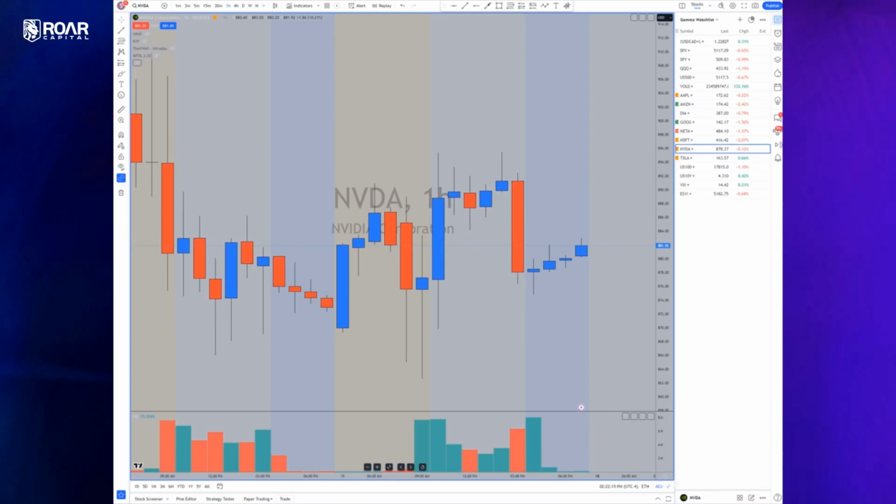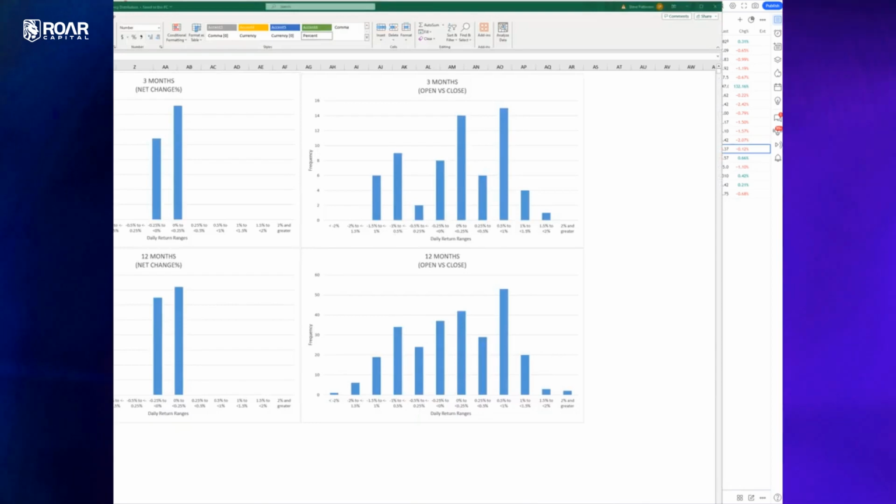When you break down the average move of any asset, most of the time you're going to come up with something that looks like this. These are the statistics from the open to the close every day of the S&P 500.